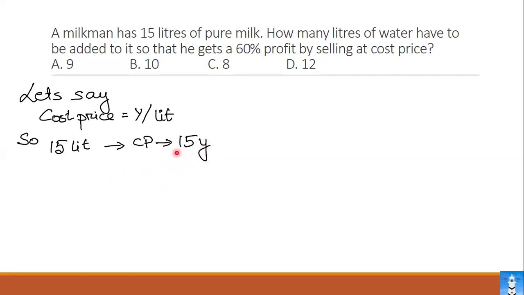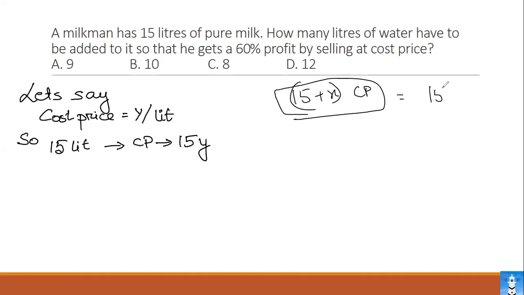So the total amount of profit, no, not the profit. See over here. When you are selling some 15 plus X liters of milk at CP, you are making a profit, which is equal to 15 into CP plus a profit of 60%.